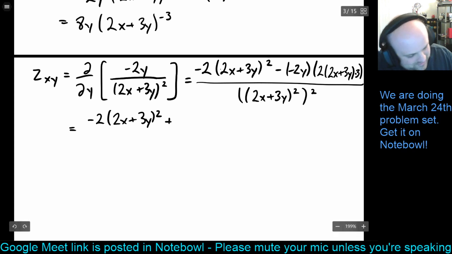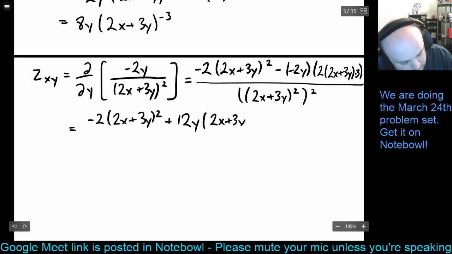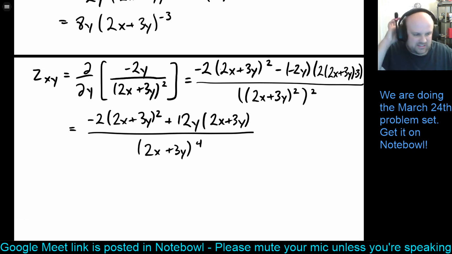Let's see, 2, 4, 12 plus 12y, 2x plus 3y. And then the bottom is just 2x plus 3y to the fourth. And we could simplify that a little bit.